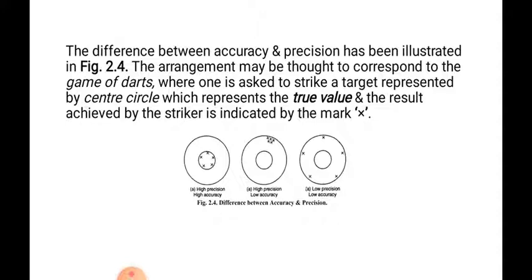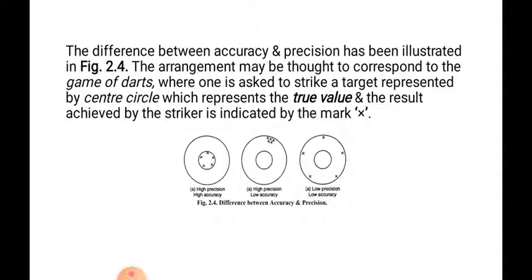But in the second diagram, the archer has completely missed the bullseye, and all the arrows are at a particular distance from it, but all are close to each other. That's why in that case the precision is high but accuracy is low.